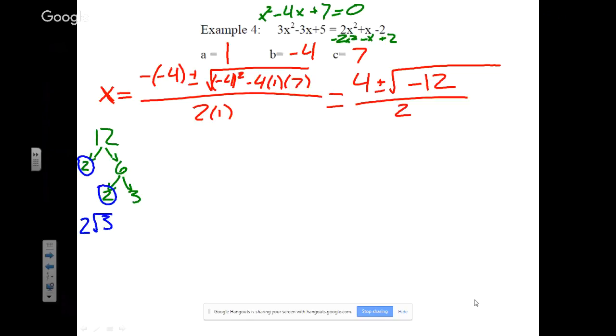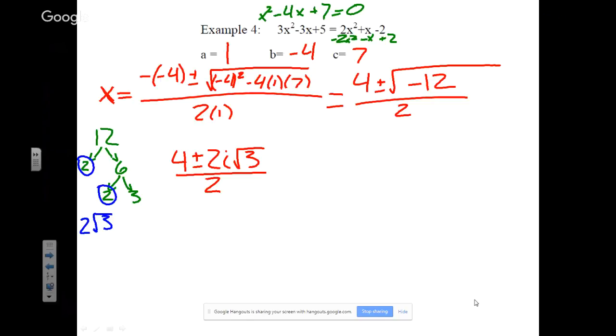But since it was negative, you want to make sure when you're putting it back in here, you have 4 plus or minus 2i times the square root of 3, because that i takes care of that negative in the square root. And you want to divide it all by 2.